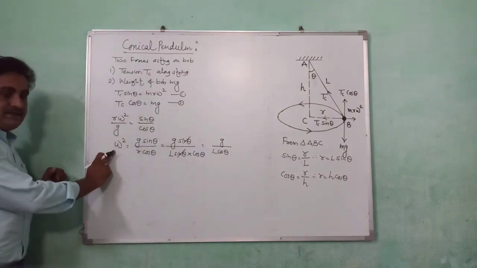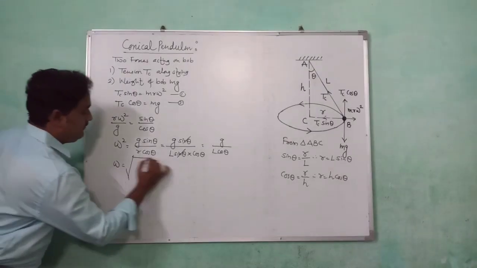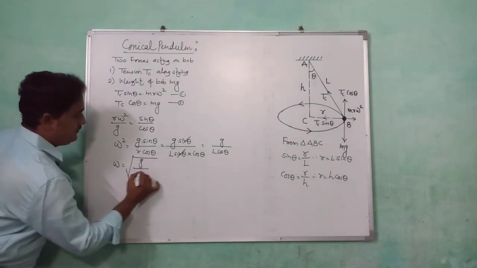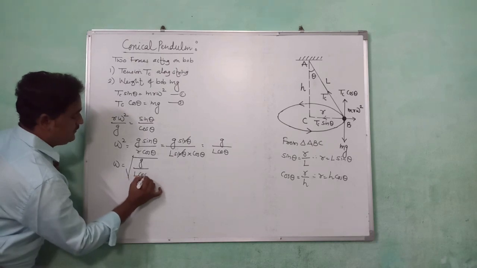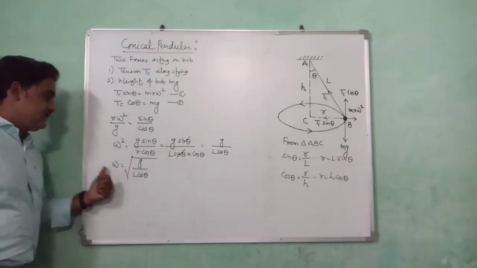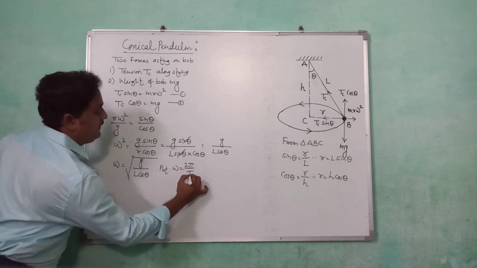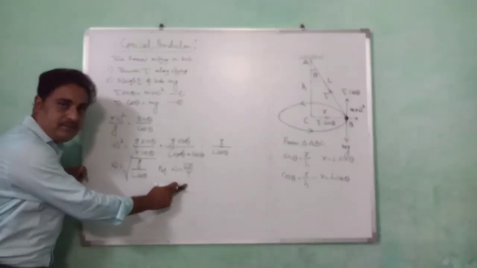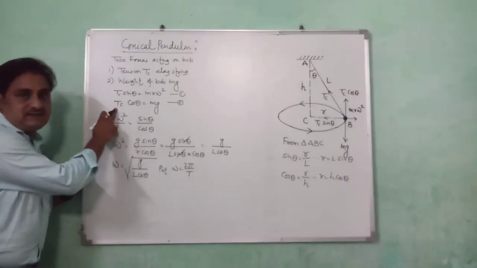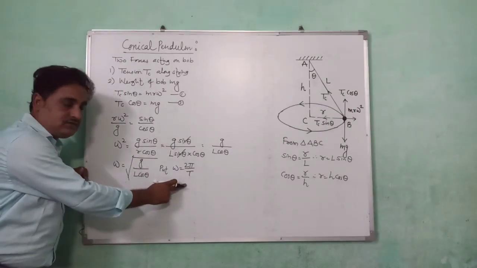Now omega becomes root of g upon L cos theta. Put omega in terms of the period, that is 2 pi by T. Here T is the period of the conical pendulum, and T is also the tension in the string. Remember the two terms which may be confused.